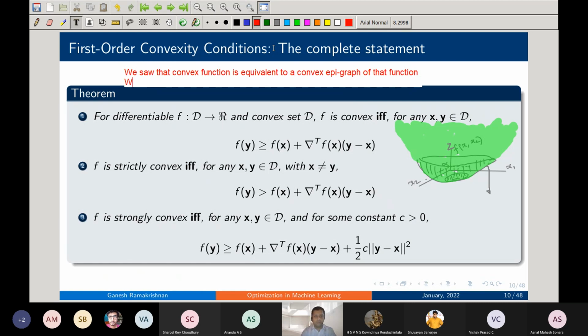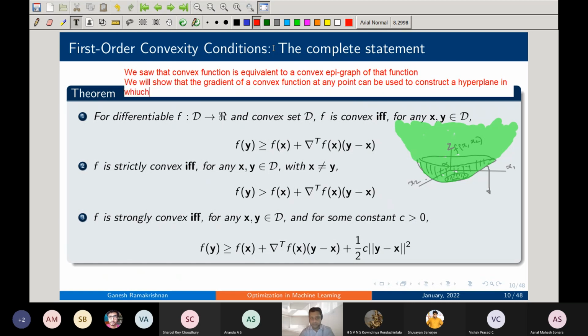We will show that the gradient of a convex function at any point is used to construct a hyperplane at that point in R^(n+1), which will lower bound the function, or equivalently support the epigraph of the function, which obviously is lying in R^(n+1).